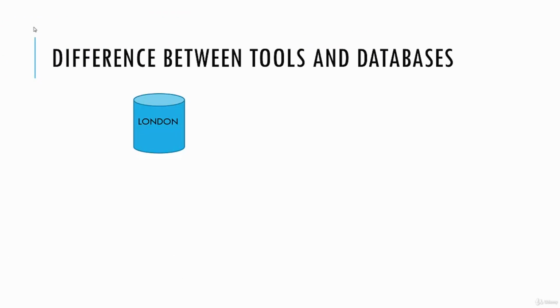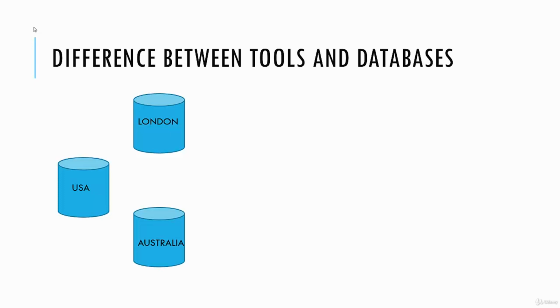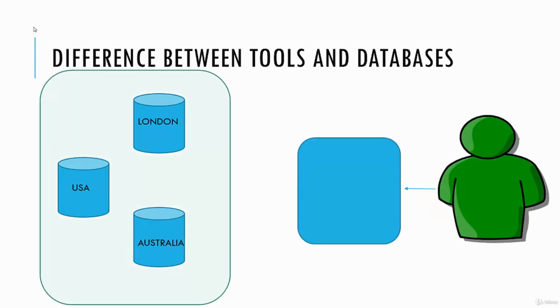So let's assume you have a database. It's situated in London. There is another database in USA and another database in Australia. So as I mentioned before, you could very well connect to these databases and then just pass on your queries via text, via command line and stuff, right? But a simpler way is to use a tool.